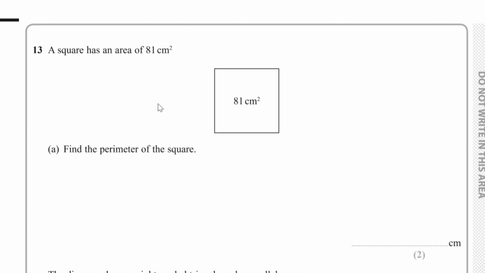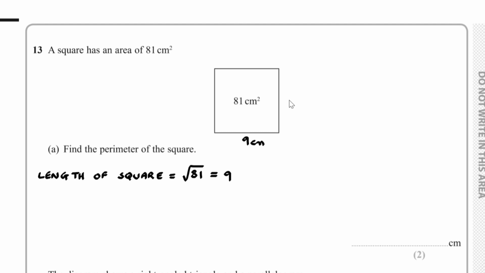Question number 13. A square has an area of 81 centimeters squared. For part A, we have to find the perimeter. Well, if the area is 81 centimeters squared, that means the length of the square is equal to the square root of 81, which is 9.